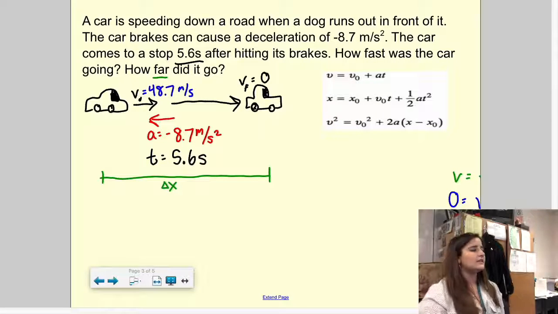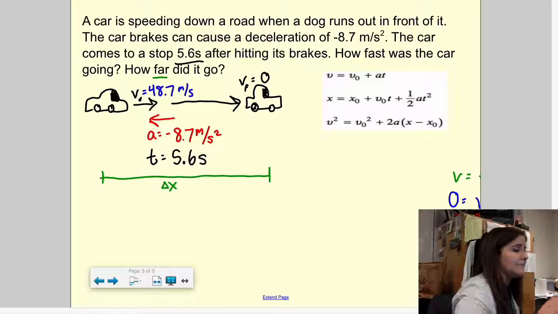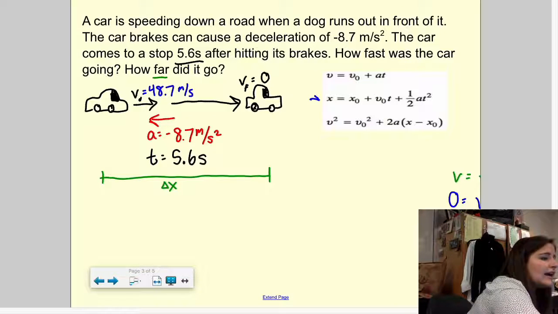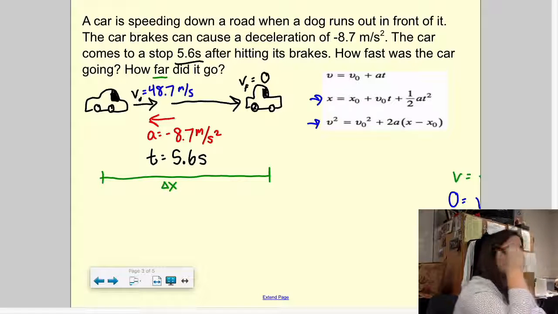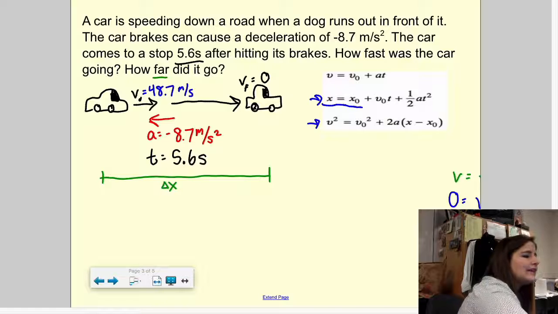Now we need one that has delta x. It can have the initial, the final, acceleration, or time. We could use either this equation or this equation. Both of them are going to give us the same answer, but because this one has the x already by itself, I'm going to use that one.